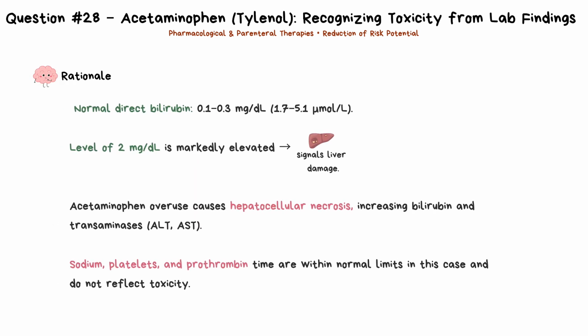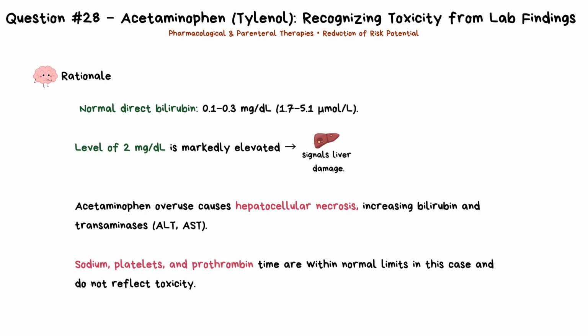Here's why. The normal direct bilirubin range is roughly 0.1 to 0.3 milligrams per deciliter. A value of 2 is significantly elevated, signaling impaired bilirubin clearance due to liver cell injury. With acetaminophen overdose, hepatocellular necrosis releases enzymes like ALT and AST, pushing bilirubin levels up as the liver fails to process it.